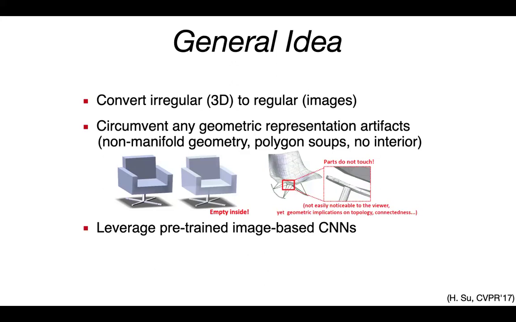And in that sense, we can circumvent artifacts and problems with these intrinsic 3D representations like meshes and point clouds, because we can deal with non-manifold geometry, polygon soups, just points. So converting any 3D representation to a volumetric 3D grid is simple, and we are going to see how simple it is.